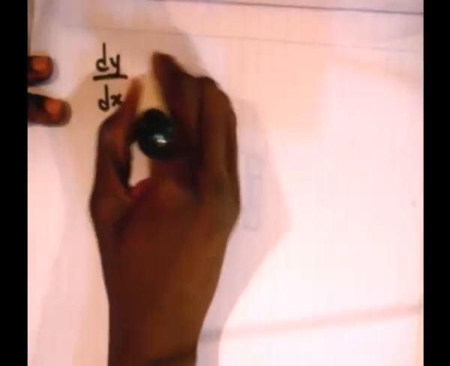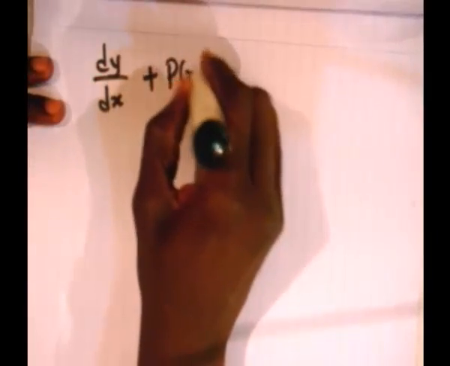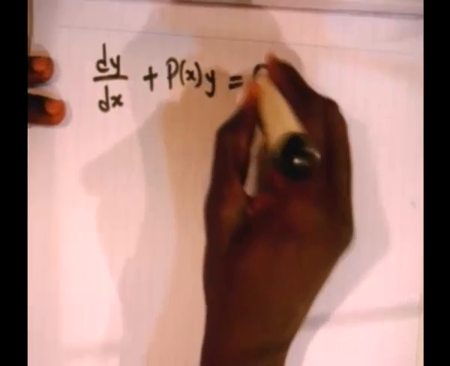So the linear ordinary differential equation of the first order has a particular form. If you are asked what a linear ordinary differential equation of the first order is, just say that it is of the form dy/dx plus p of x y equals q of x.